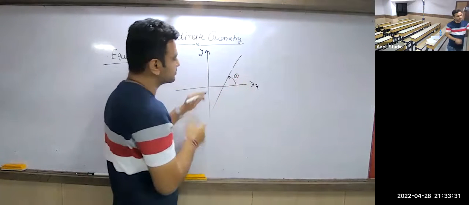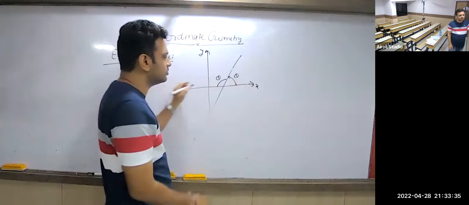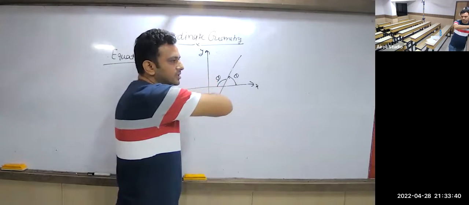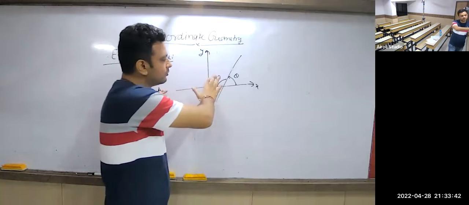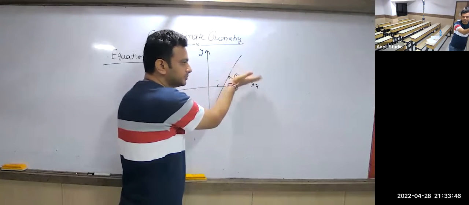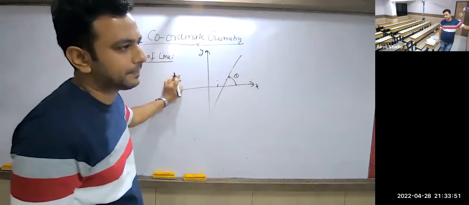This angle can also be formed with the negative x-axis, let's call it theta 1, but I want the angle with the positive x-axis in the anti-clockwise direction. This theta is called the inclination of the line.